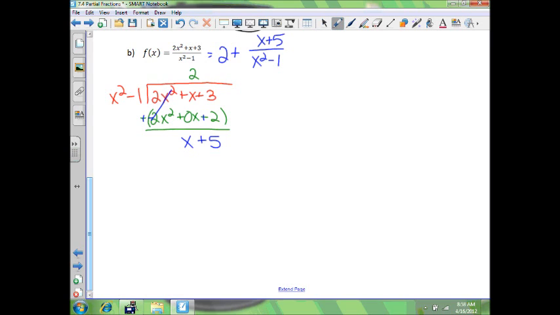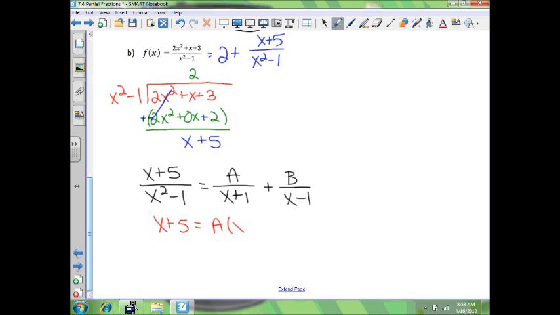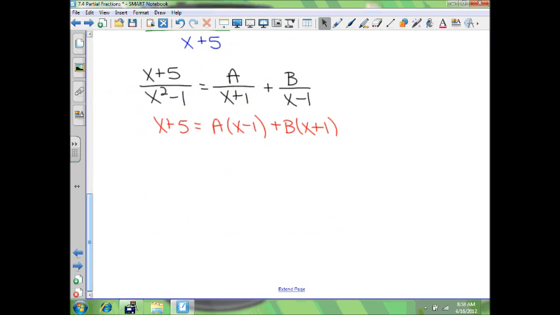So really the one we're going to be changing is (x plus 5) over (x squared minus 1). You can write this as A over (x plus 1) plus B over (x minus 1). Now, if we multiply everything by x squared minus 1, we'll be left with x plus 5 equals A times (x minus 1) plus B times (x plus 1).